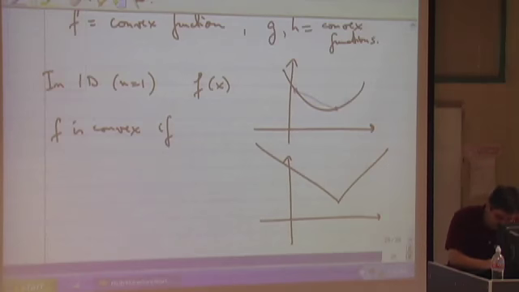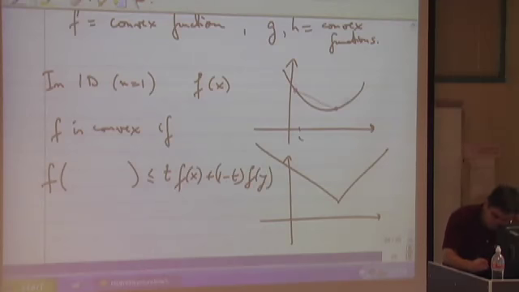Basically it says that if the function f at an intermediate point is less than, let's say I'm going to use t or lambda, I think t, t f of x plus 1 minus t f of y.